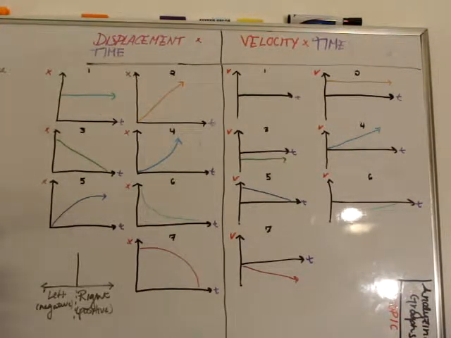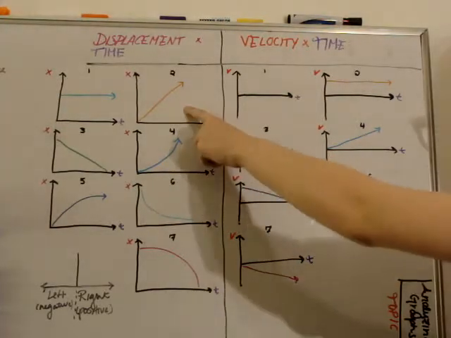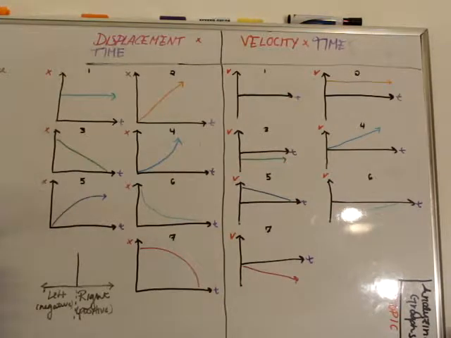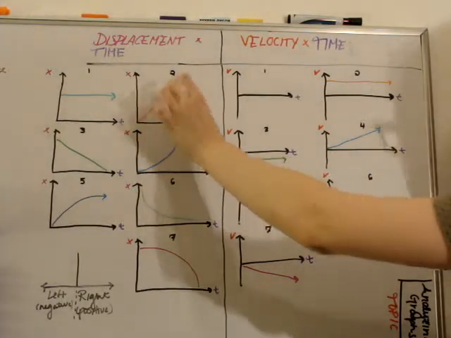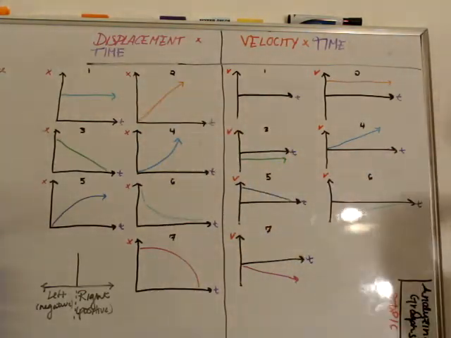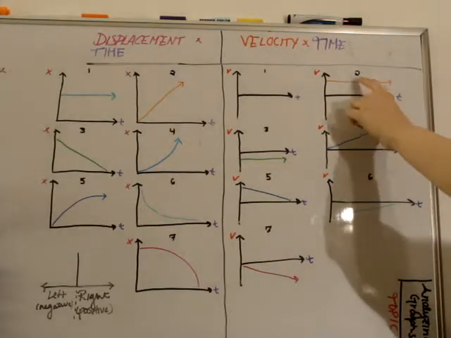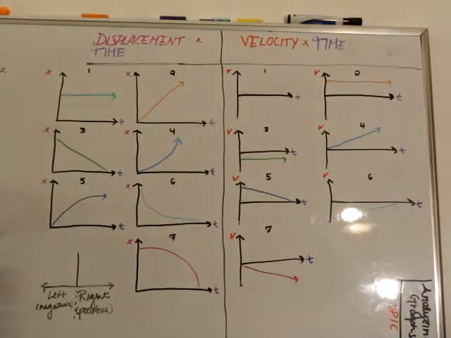The reason this is moving at a constant velocity in the positive direction is because this graph here represents a positive change in position, because this displacement is steadily going up. It's not decreasing. And over here, this velocity is not changing, so it's going to have a constant velocity. And there's also going to be zero acceleration because that velocity is a constant.